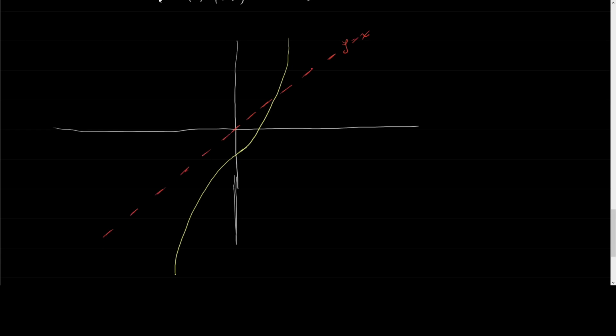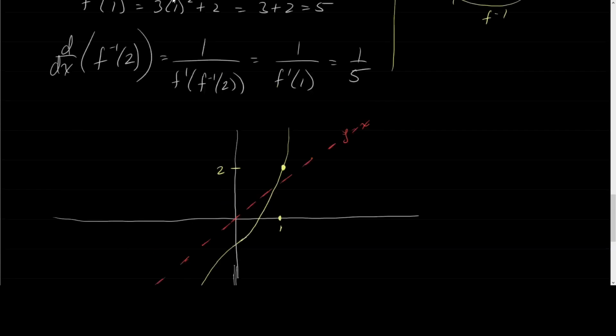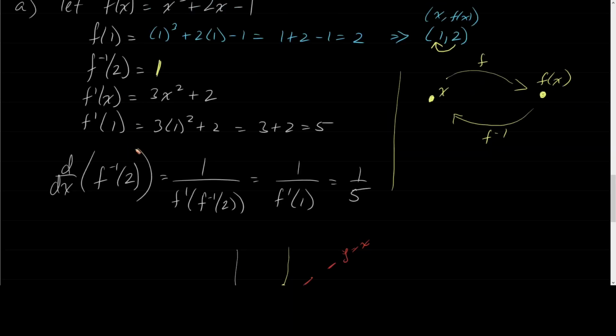In here, we've got a point of 1, 2. So here at 1, we're at the height of 2. And what did we find here? We found that f prime of 1 is 5.